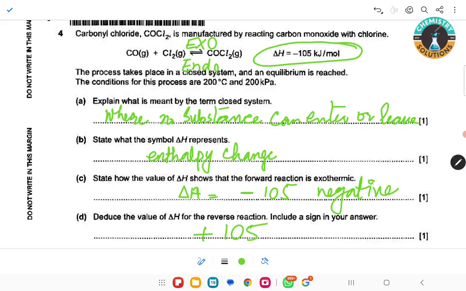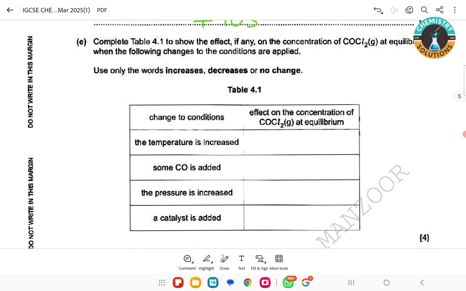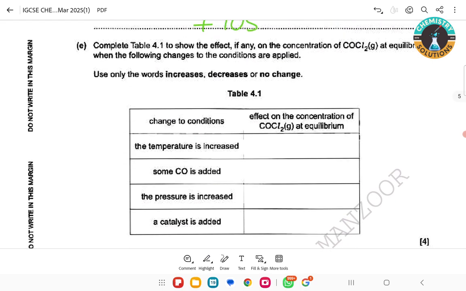Okay, so this is the reaction part of this. Let me move on. Complete the table to show the effect of changes.